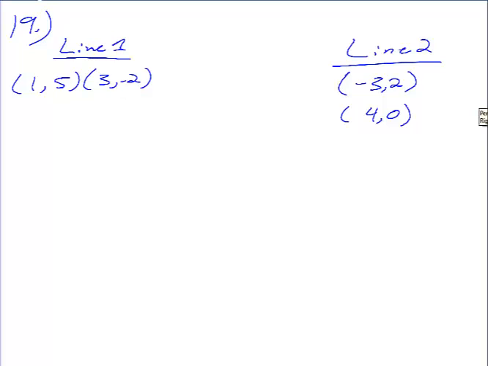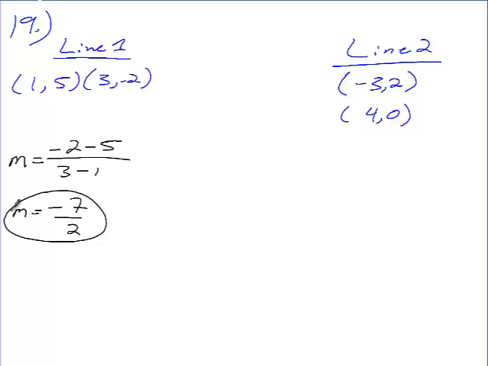You cannot make a determination as to whether 2 lines are parallel, perpendicular, or neither unless you know their slopes. So I'm going to find the slope of each line here. So -2 minus 5 over 3 minus 1. That's going to be -7 over 2. And that's reduced. Everybody okay with how I did that for the first one? Any points of contestation, or are we good?